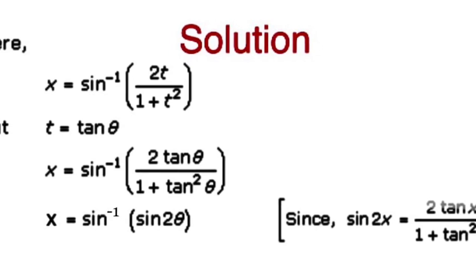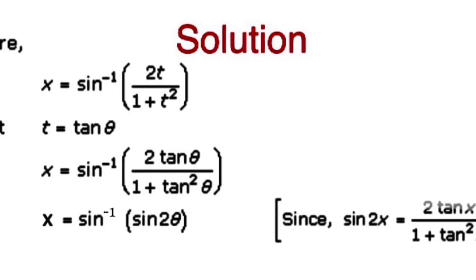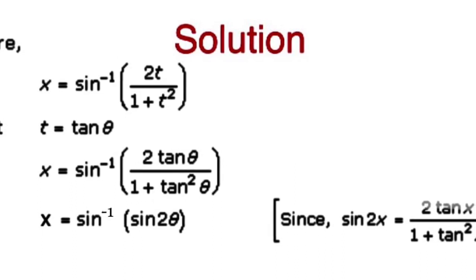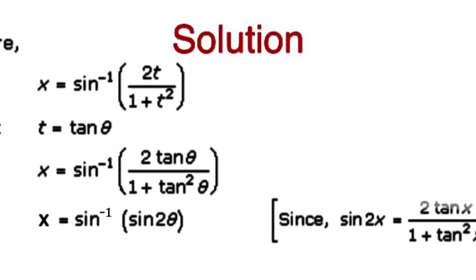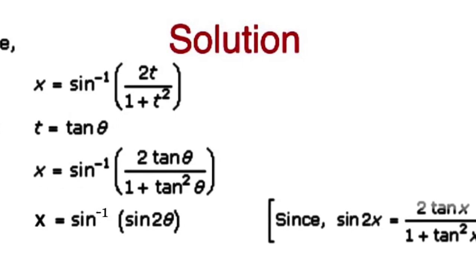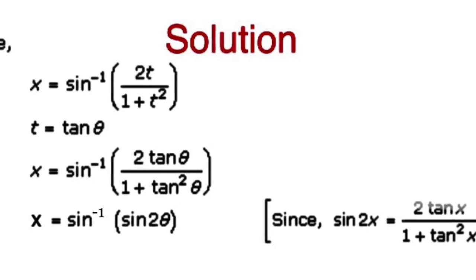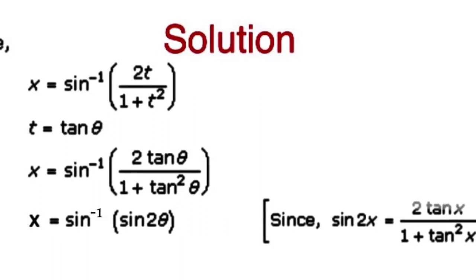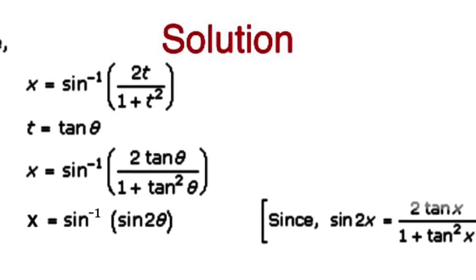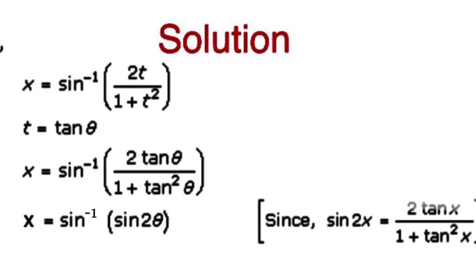So, we will get x is equal to sine inverse of 2 into tan theta upon 1 plus tan square theta. We have a half angle formula in terms of tan, that is sin 2 theta equals 2 tan theta upon 1 plus tan square theta. That is why we will get x is equal to sin inverse of sin 2 theta.